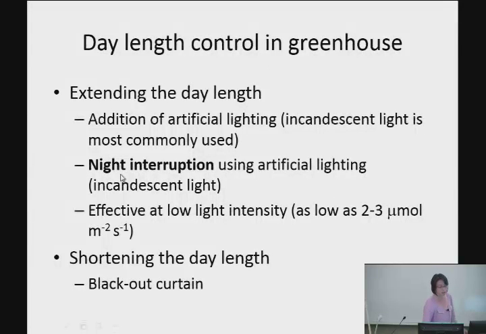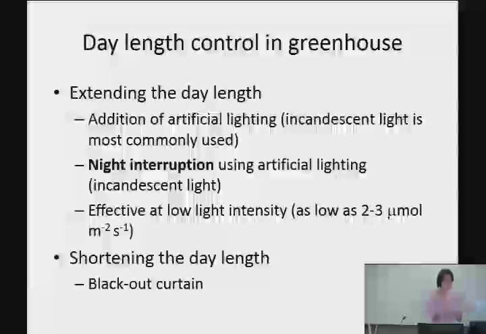Another quite interesting way to create a pseudo long day condition is a night interruption. So in the middle of the night, around midnight, put the lights on.